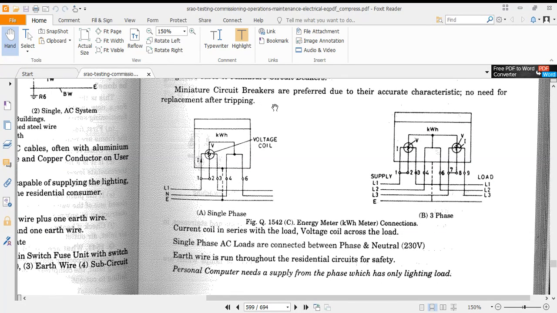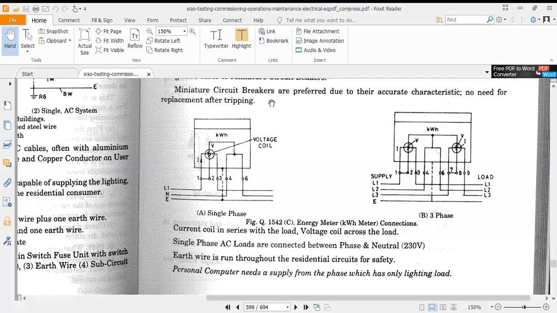MCBs, miniature circuit breakers, are preferred due to their accurate characteristics. No need for replacement after tripping. These MCBs have become very popular nowadays in place of fuses. Generally, what happens with a fuse is, if there is an overload, the fuse wire burns.